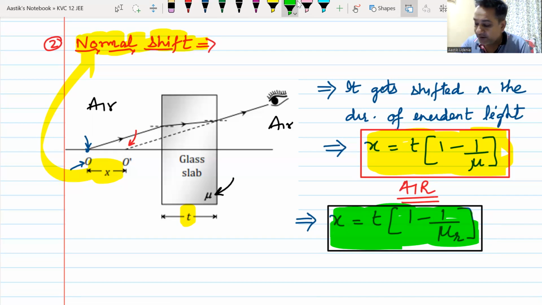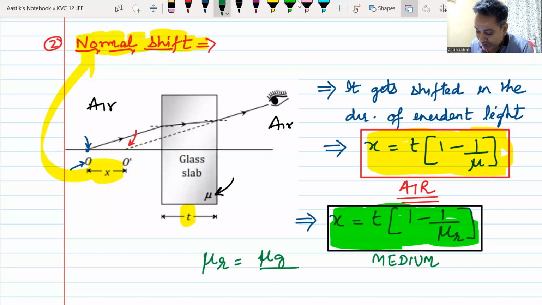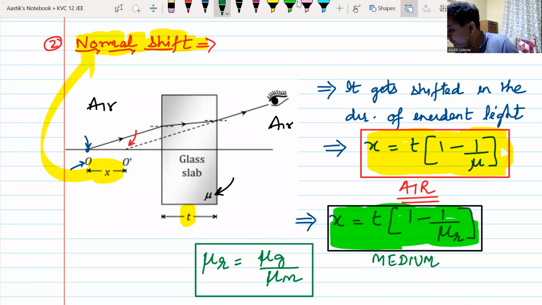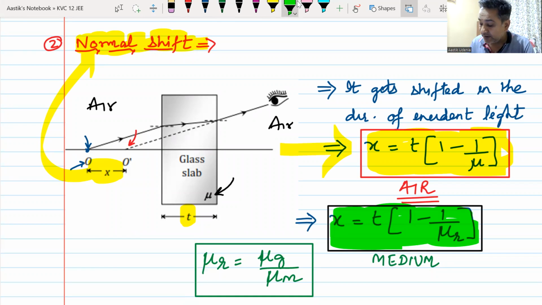This is the formula when it is kept in a medium which is not air. And here, my dear friends, this mu R is the refractive index of glass with respect to the medium. Do we understand this, my dear friends? Yes, sir. Yes or no? Do you understand the difference between the yellow formula and the green formula?